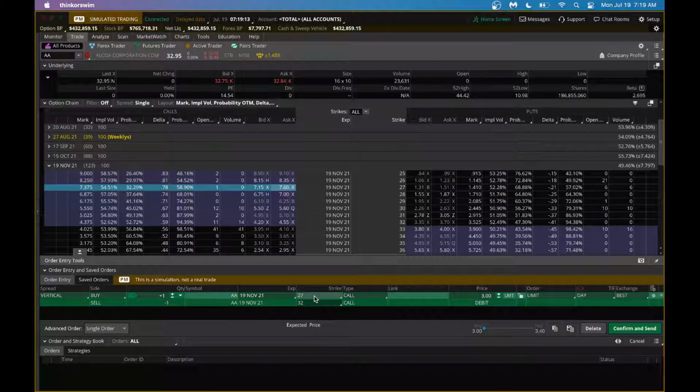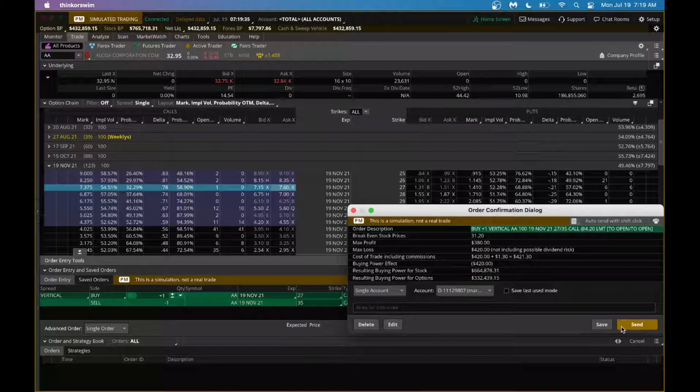You could actually increase your spread a little bit. So for example, 27 and here instead of 32, you could go a little higher, maybe say 35. So if you do this, you are paying $4 and 20 cents, and as you see here, you're making 380.